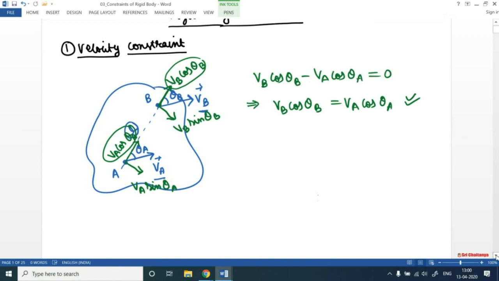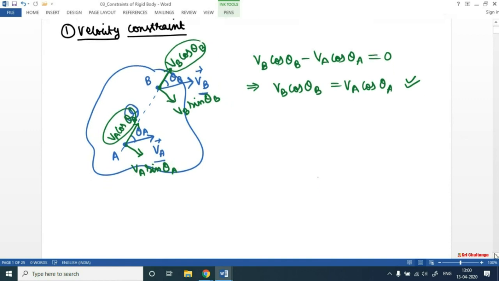And not only this, here we can see in this diagram that every point has a tangential component of velocity also. So we can find out the angular velocity of this rigid body with respect to any point on the rigid body. Let's redraw this diagram over here.